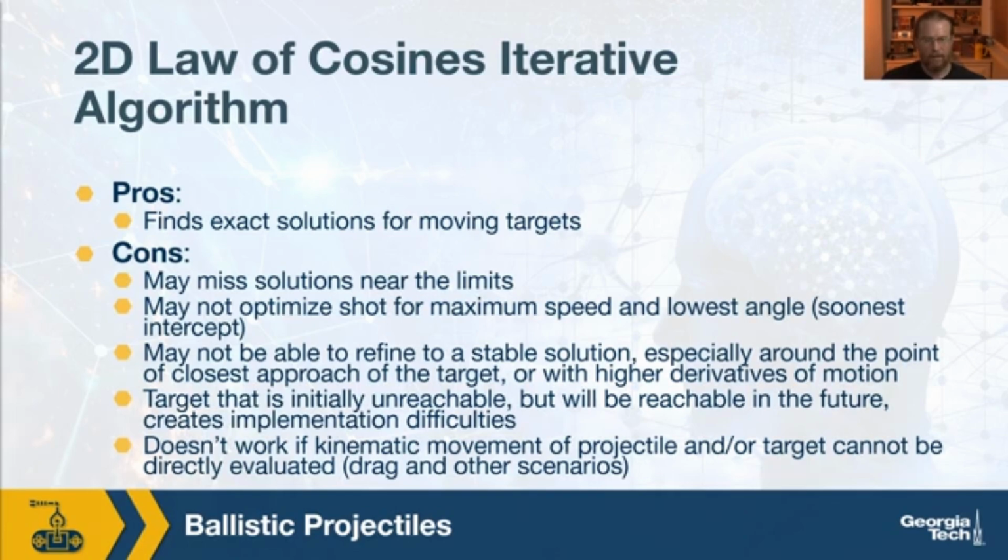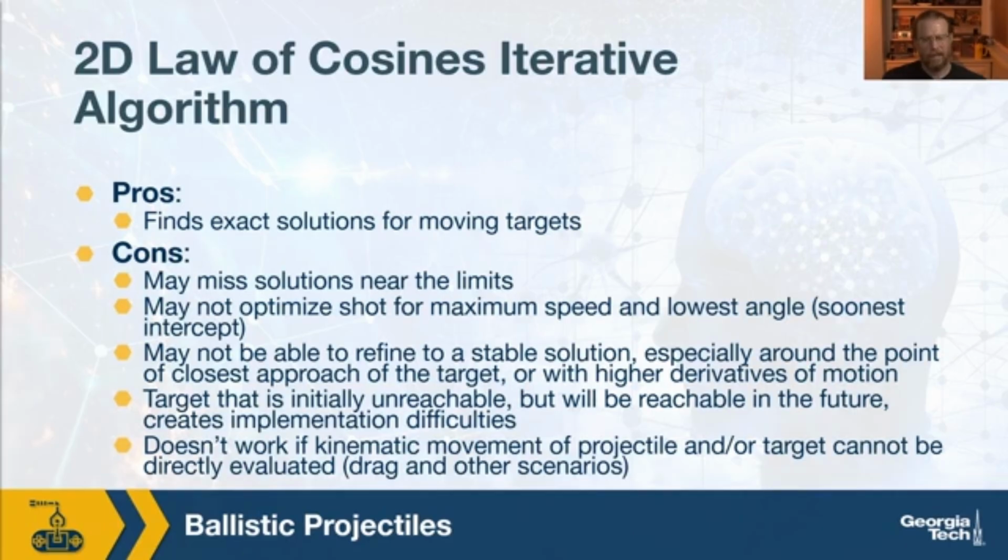The way that we're refining it could, in some situations, not stably converge, and this would probably be similar to the problem areas the other algorithm has, like near a change in distance, closing distance and then increasing distance, the point of closest approach, or if you have different derivatives of motion, like if you're accelerating such that you're getting closer and then further away again. So around those areas, you might run into trouble.